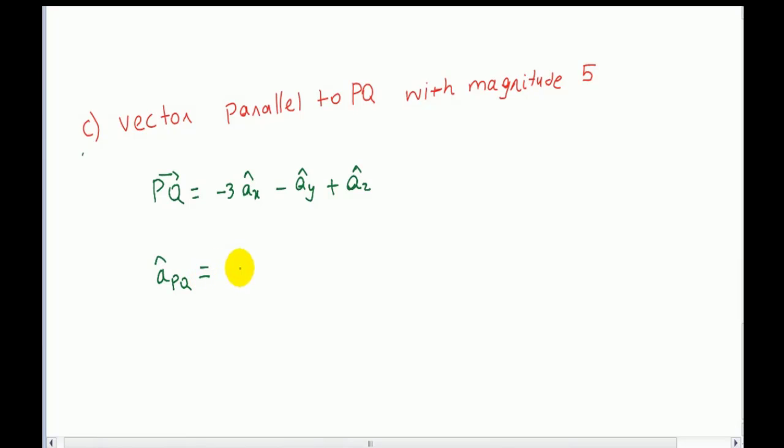of PQ. So unit vector along the direction PQ will be PQ vector divided by magnitude of PQ vector.